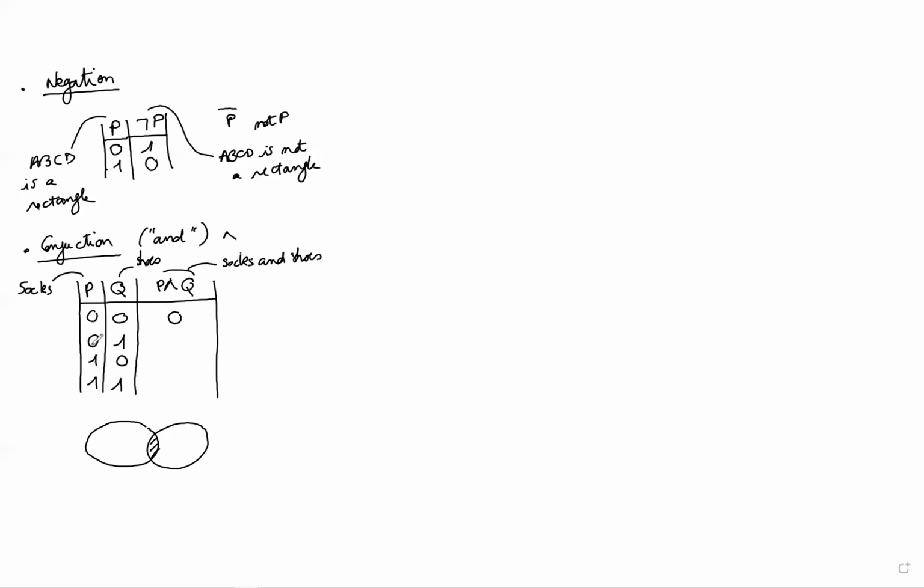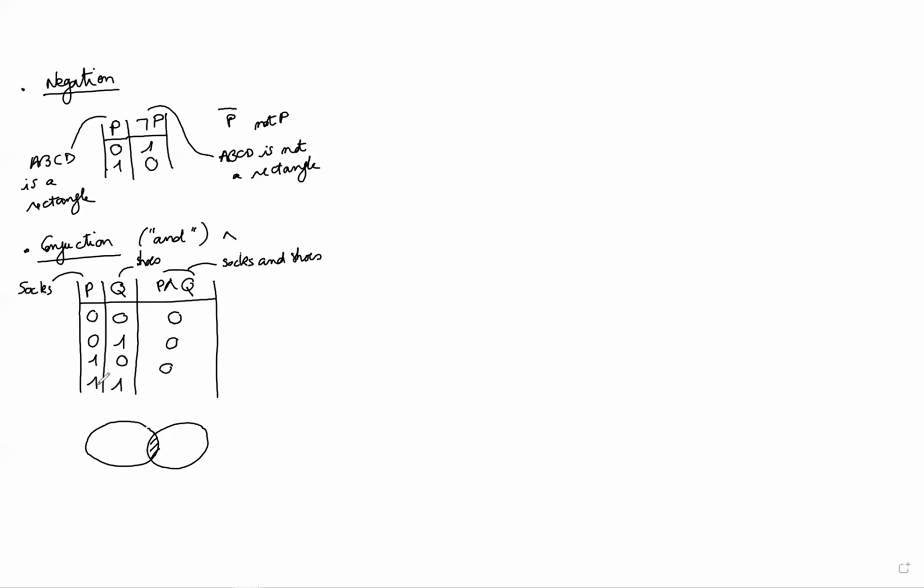So here I have no socks, but I have shoes. The statement "I have socks and shoes" is false. It's so obvious when you take ordinary examples. Here I have socks, it's true, but I have no shoes. So the statement "I have socks and shoes" is false.